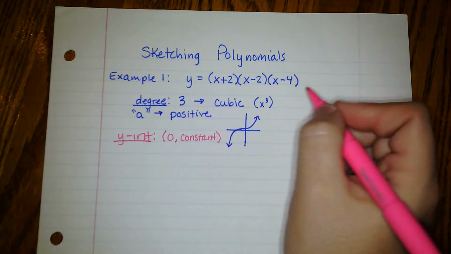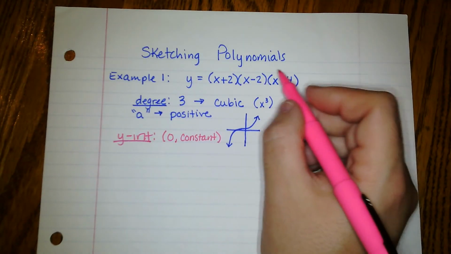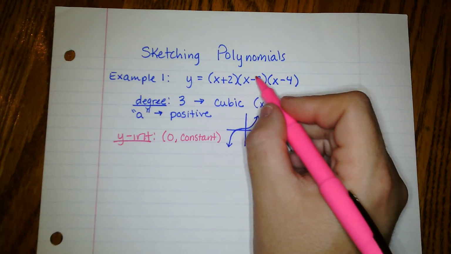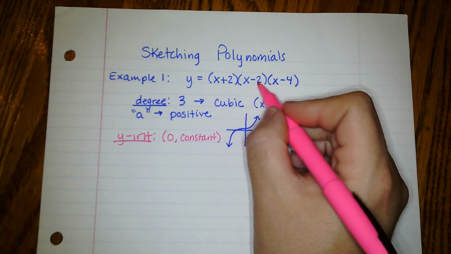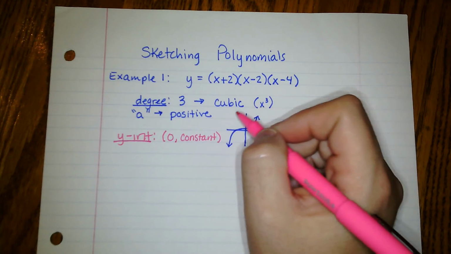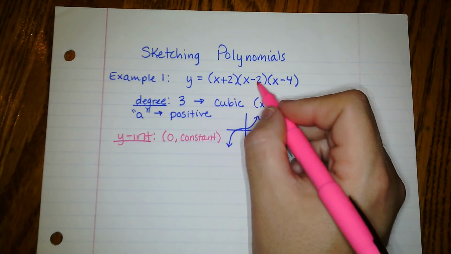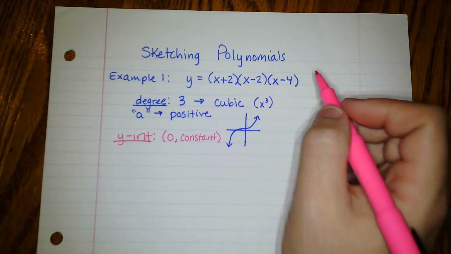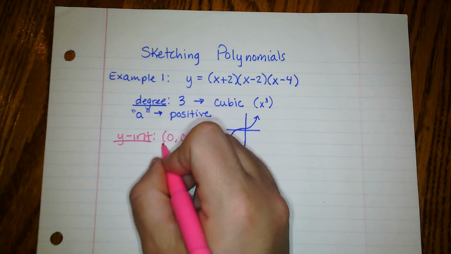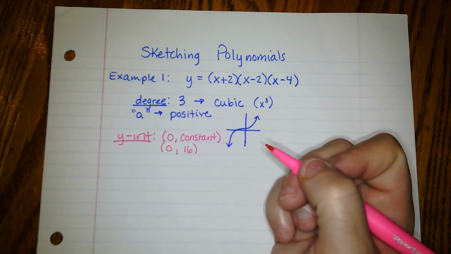In our case, our constant is the last numbers multiplied together. So 2 times -2, that's -4, times -4 is going to give us a positive 16. The constants are the last numbers multiplied. 2 times -2 times -4 is positive 16. So my y-intercept is at 0, 16.